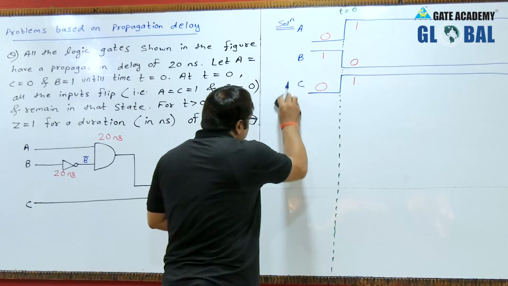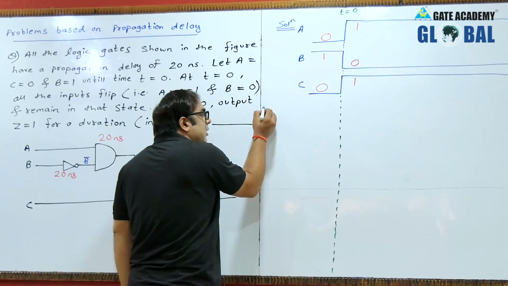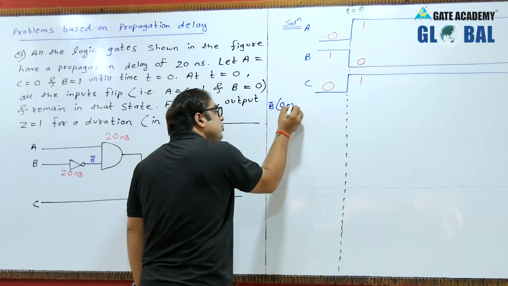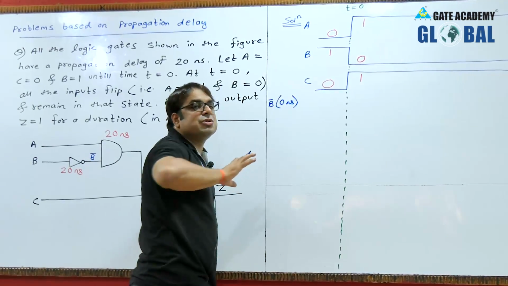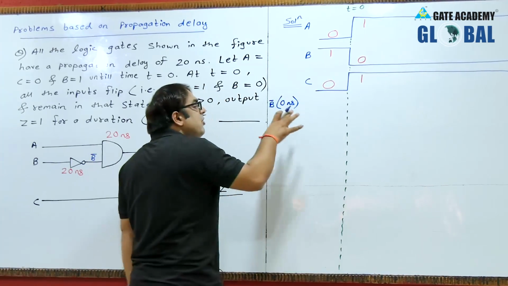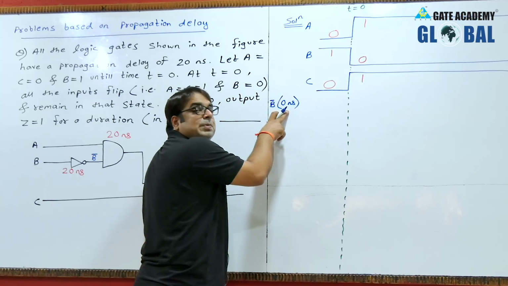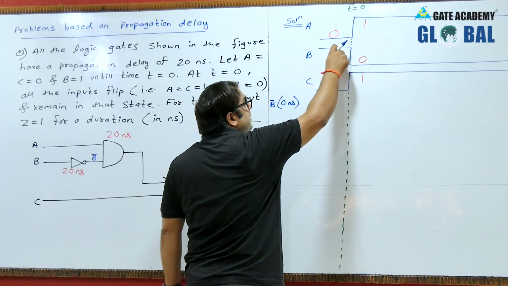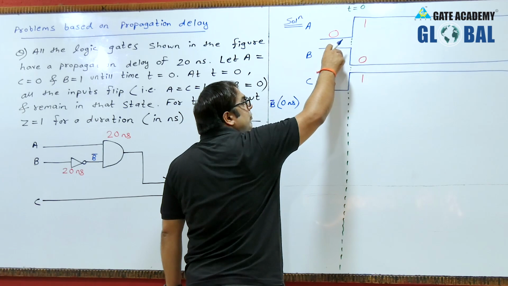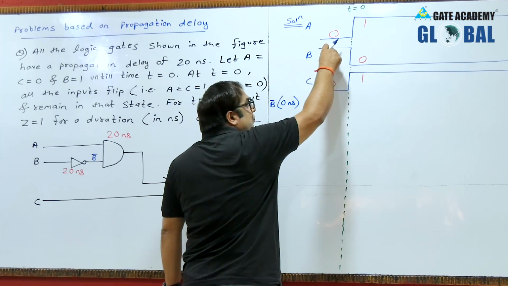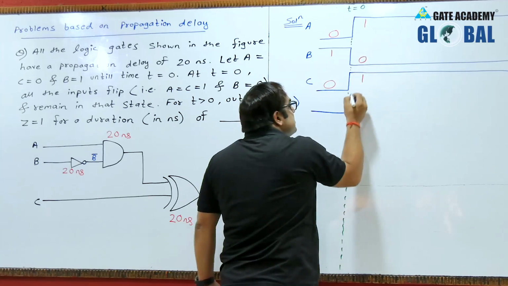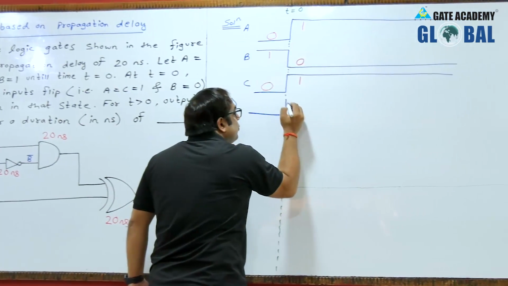But in this particular case, I said my first output is B complement, but first I have to assume that there was no propagation delay. If there was no propagation delay, the B complement waveform will be the inverted waveform of waveform B. So 1 will be complemented to 0 and 0 will be complemented to 1.